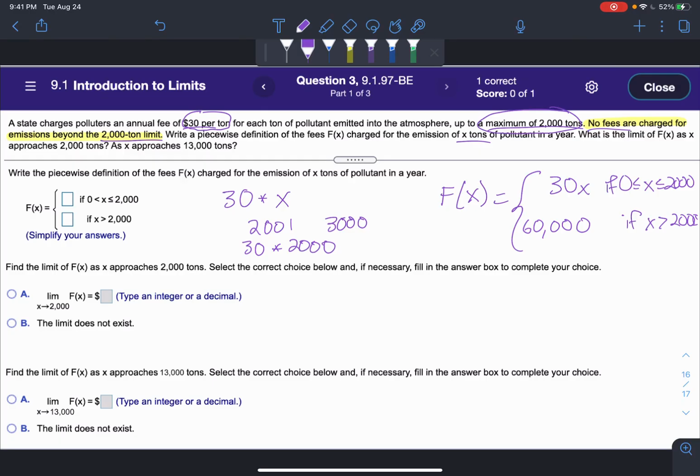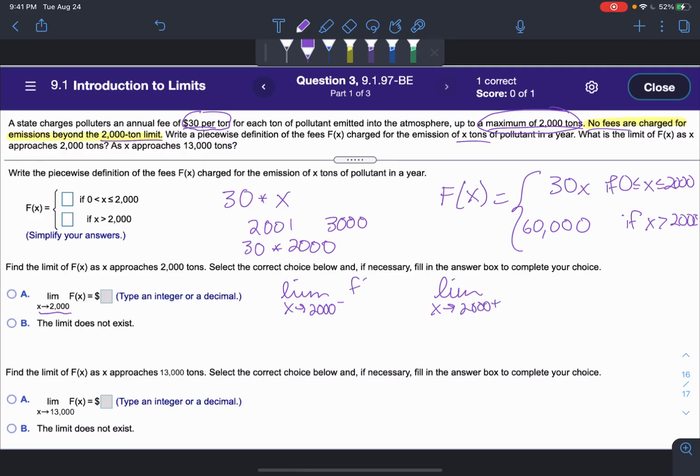So now we need to use this piecewise function to find this limit as x approaches 2,000. So we need to consider x approaches 2,000 from the left, and what happens as x approaches 2,000 from the right.